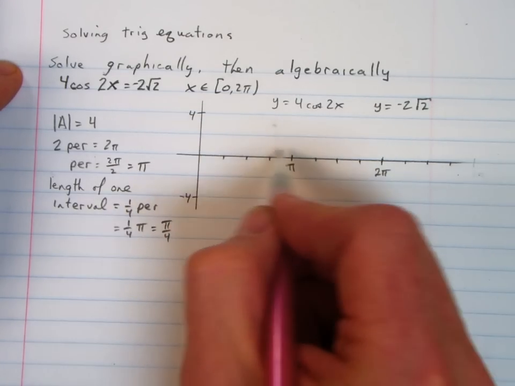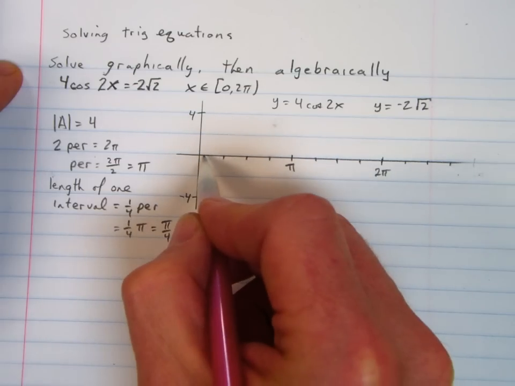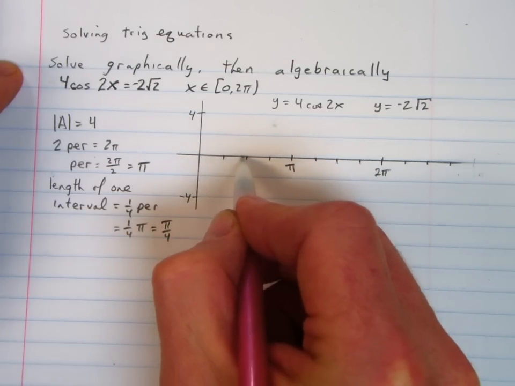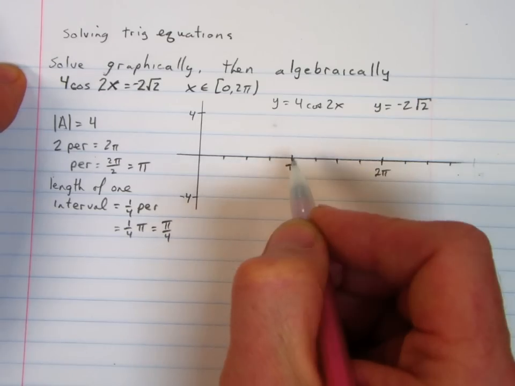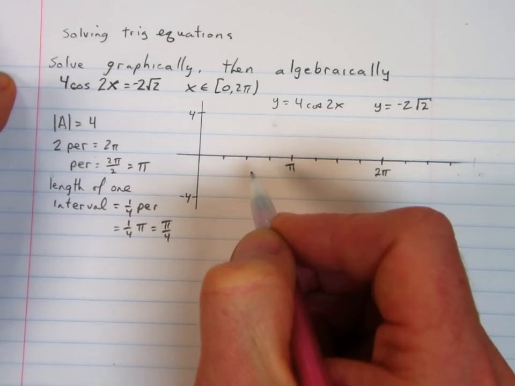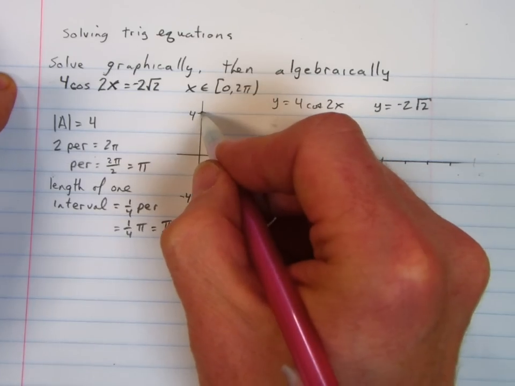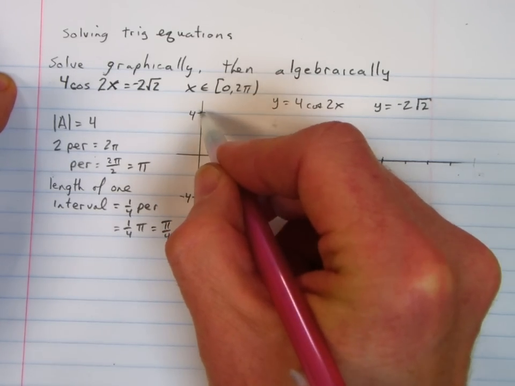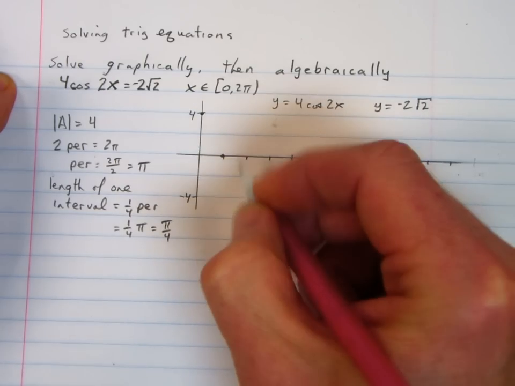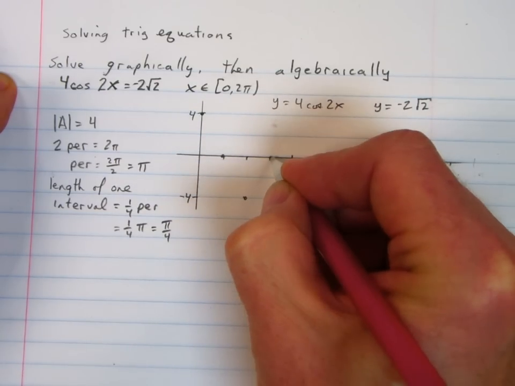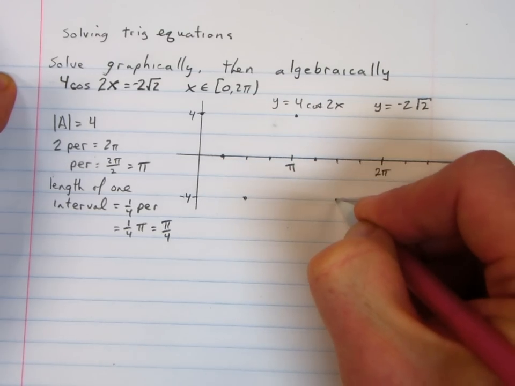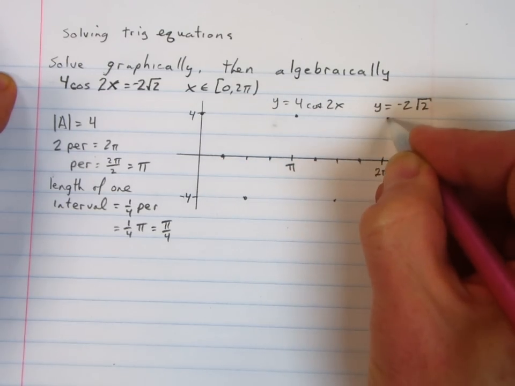Because a complete period or a complete cycle will take 4 equal intervals. 1, 2, 3, 4. We know cosine starts at its high point, so it's going to start at 4. Once it's at the high, we could go high, mid, low, mid, high, and we could just keep on repeating that: mid, low, mid, high.